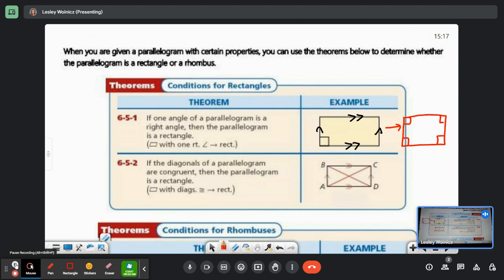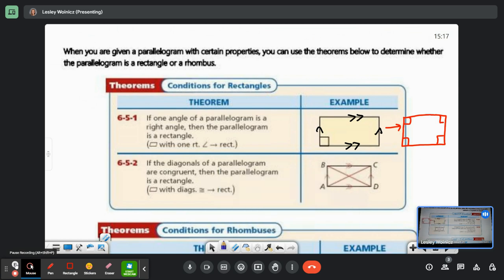If we don't know it's a parallelogram, we need all 4 to be right angles. Does everybody hear what I'm saying? If we already know it's a parallelogram, we just need 1 right angle. If we just know it's a quadrilateral, then we need 4 right angles. Everybody hear the difference? I don't want anyone getting confused over that.